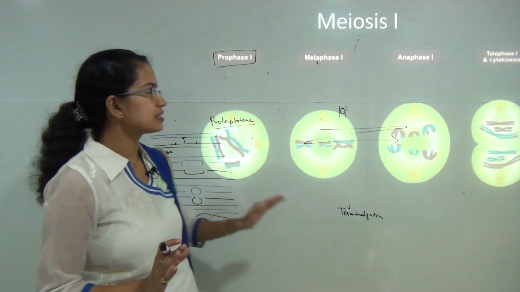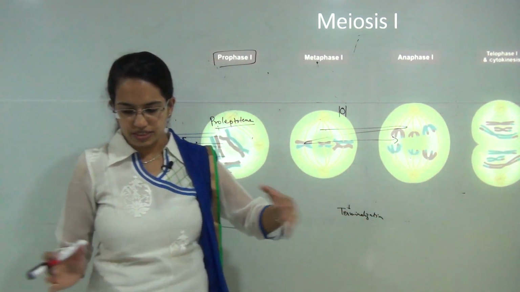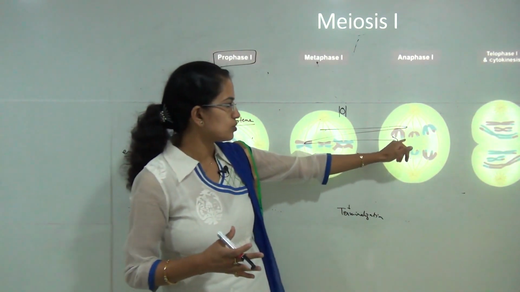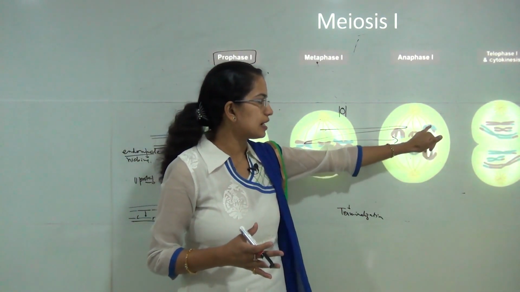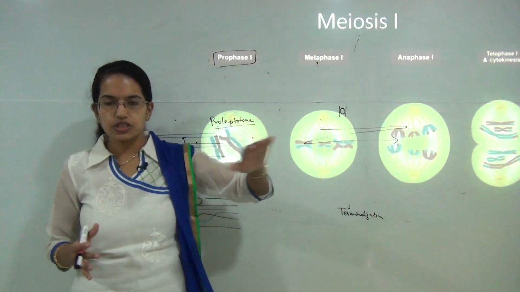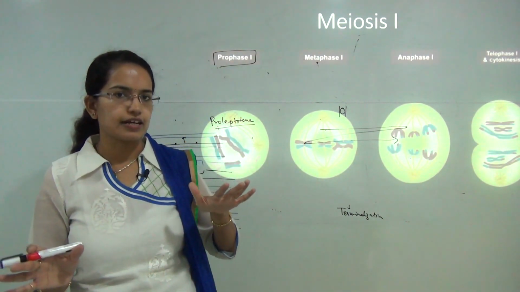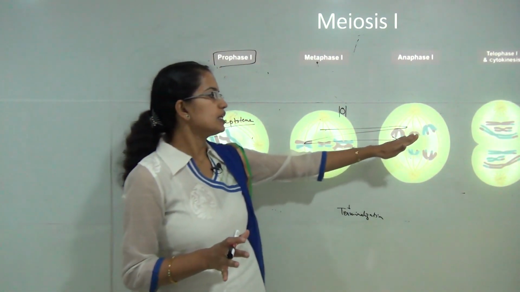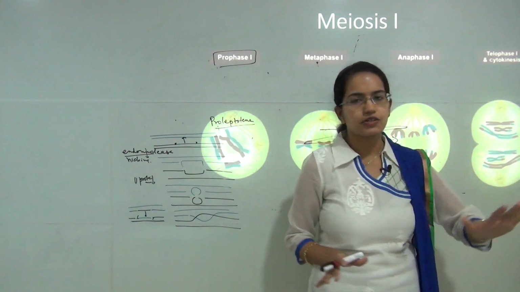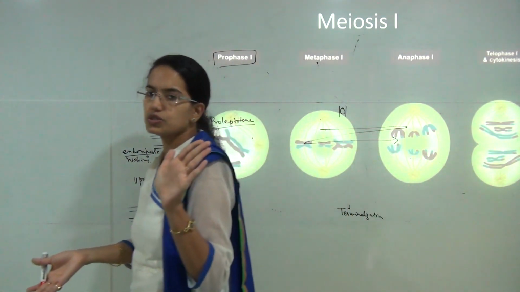Towards the anaphase, they would start to drift apart. So you have the homologous chromosomes which exchanged material by crossing over, and now they are starting to drift apart. So there is random distribution, the distribution of the genetic material is not uniform, and finally under telophase and cytokinesis you have separation into two cells.